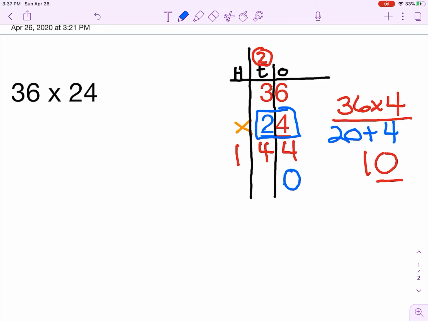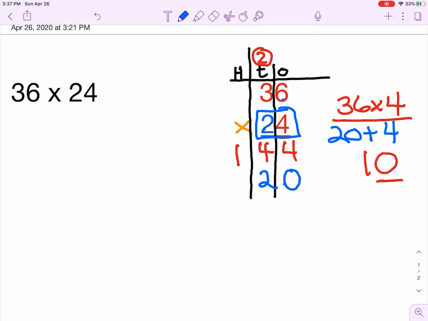And the next group of numbers I'm going to be multiplying now are going to be 36 times 2. I know what 36 times 2 is. I know that 36 times 2 is 72. But let's see where that comes from in the standard algorithm. So 2 times 6 is 12.